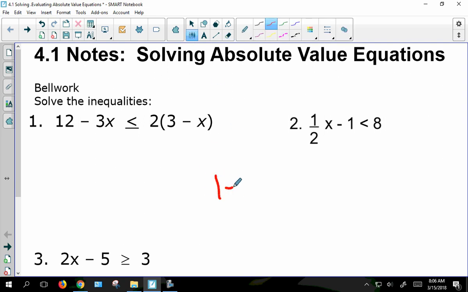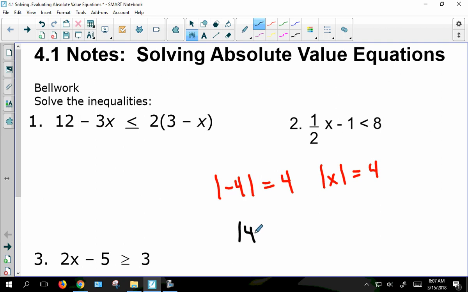The absolute value of negative 4 equals 4. But when you have the absolute value of x equals 4, well, can the absolute value of 4 be 4? Is the absolute value of 4 4? The absolute value of 4 is not 4? Oh my gosh, we're in trouble.